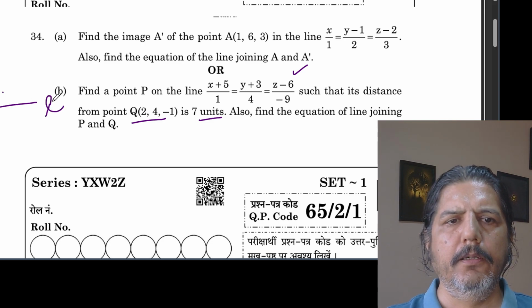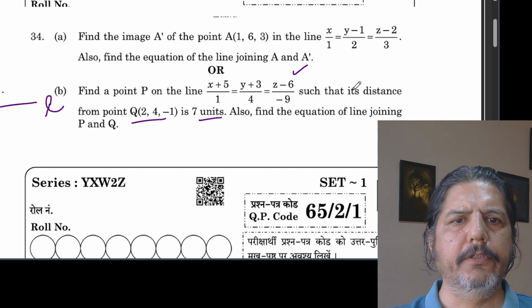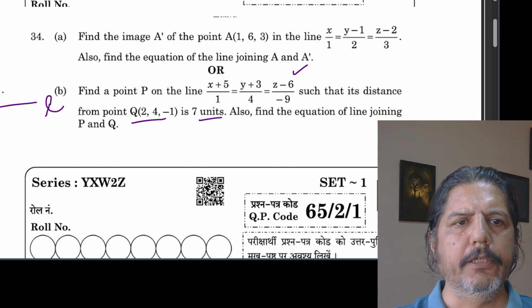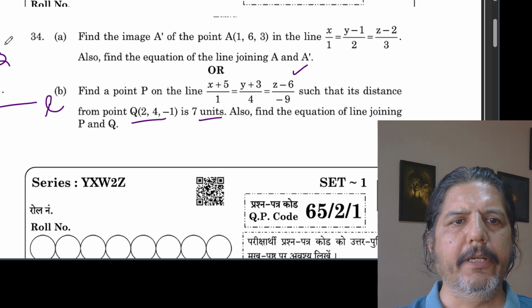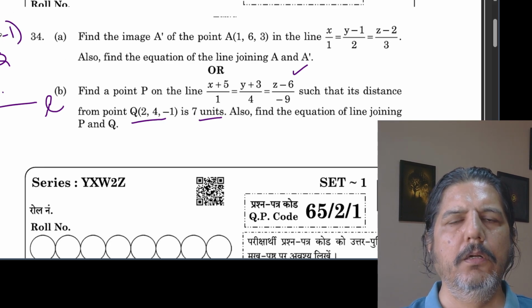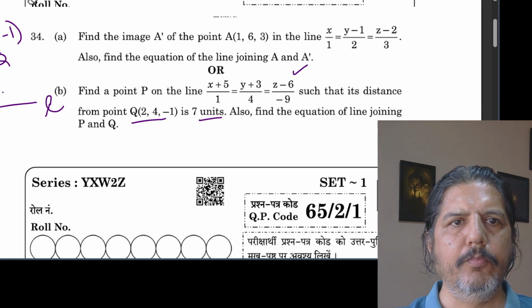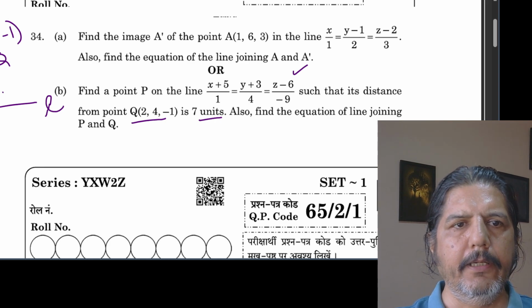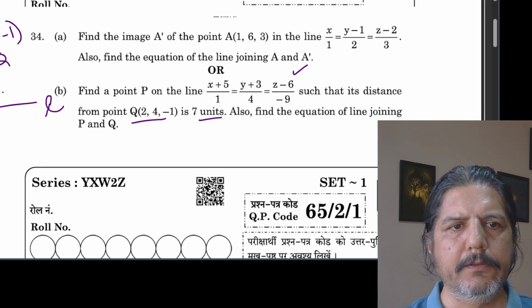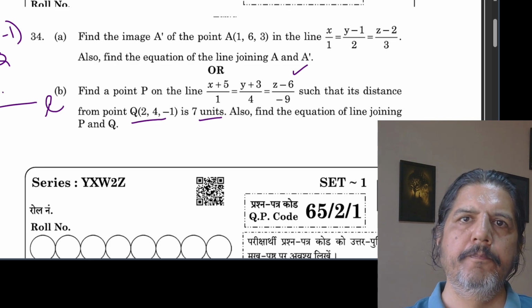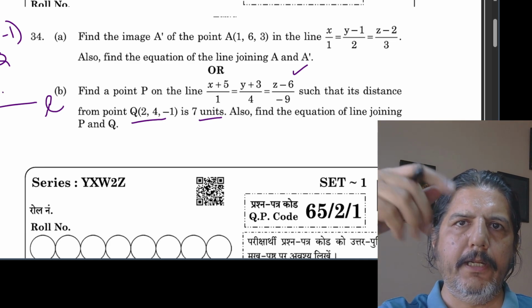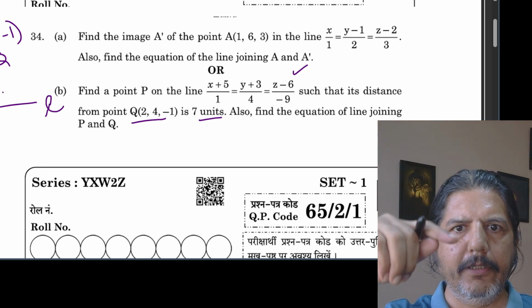This is a line with this equation so that its distance from a point Q. So let us say this is a point Q. 2, 4, minus 1 are the coordinates of this point Q, and the distance is 7 units. Always remember that whenever they talk about the distance of a point from a line, this distance is always a perpendicular distance.